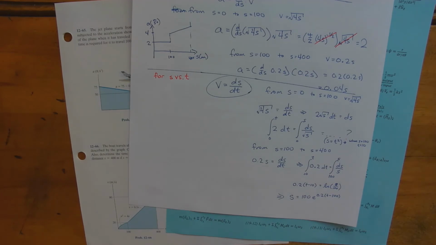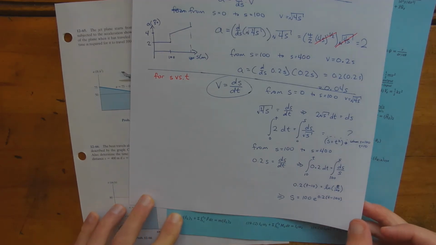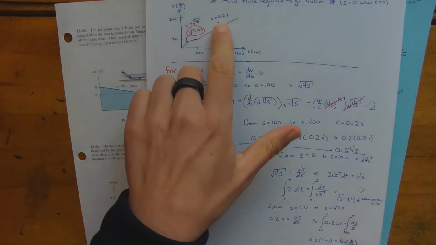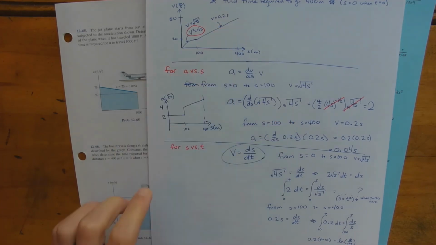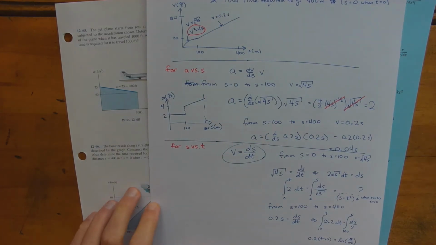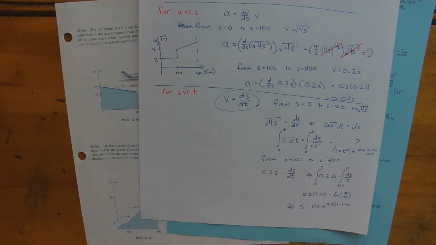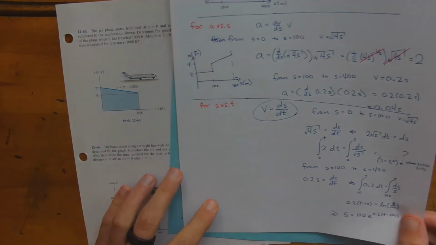And then finally, you should be able to check the equations that you have. So if you want to make sure that you did the integration correctly, we have the velocity is equal to the derivative of the position with respect to time, and you know what the velocity is supposed to be. So if you go back and you take your equations, well, let's do this over here.